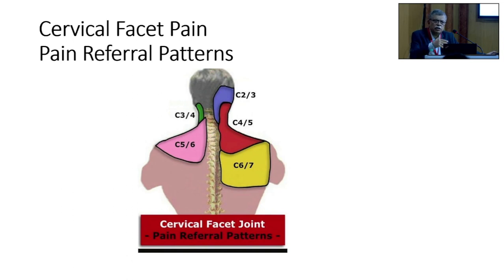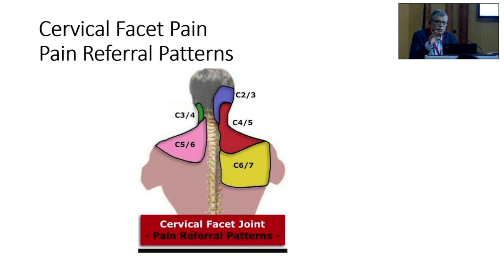If you clearly take the history, they will tell you that it is referred, never on the trapezius or the shoulder like a radicular pain, but basically around the spine, the paraspinal areas. By this referral pattern itself you can localize which particular facet joint has been involved.